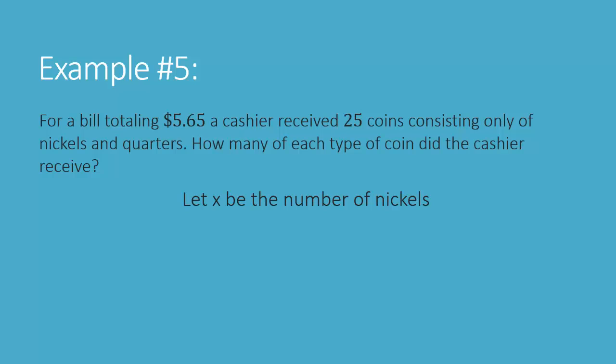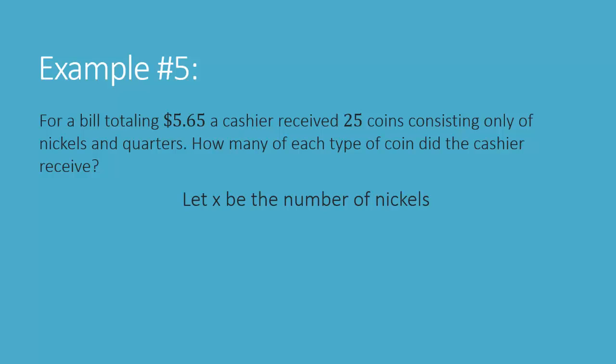We could easily make this the number of quarters, and doing that would not be wrong. If you do it with the quarters, that's fine. Your final answer should, and I again say should, be the exact same answer that we end up getting here.